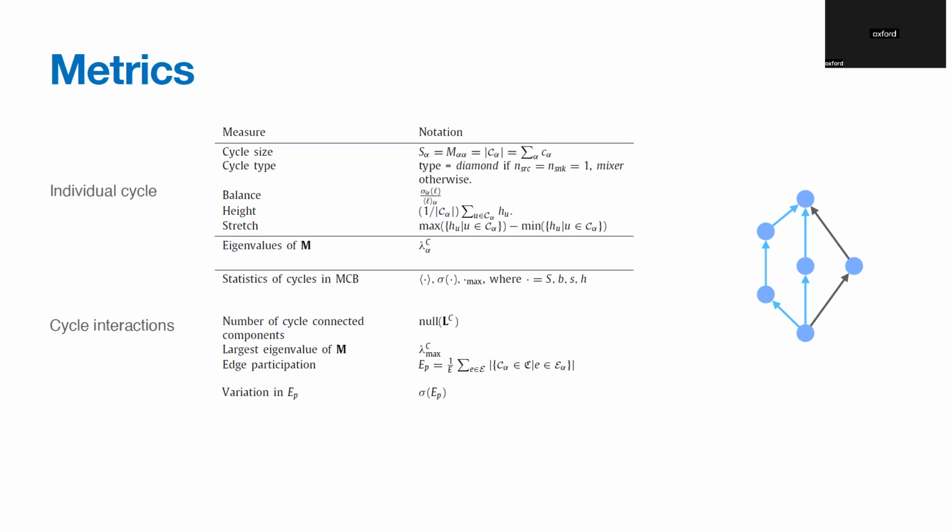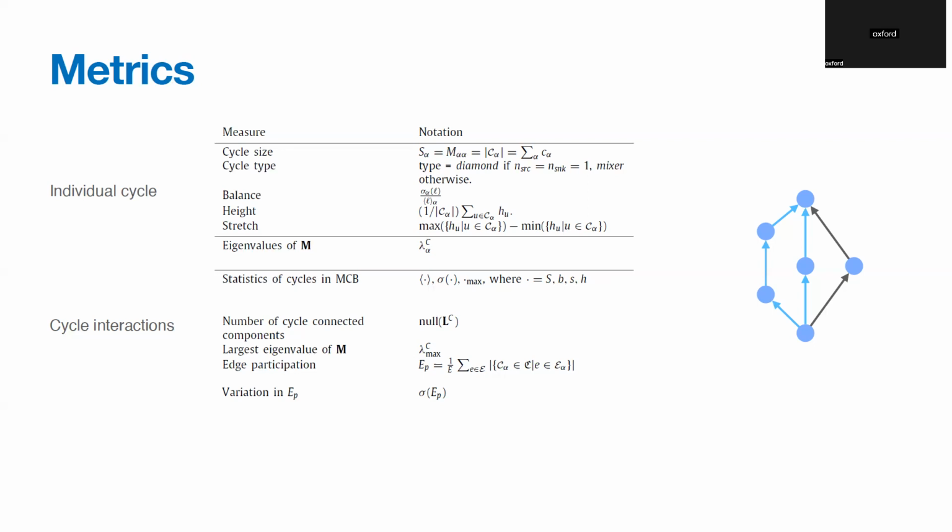And cycle size and type, because you can have diamonds or cycles of any size, but they can also be very short. And because in DAGs you have a notion of chronological order, you have height associated with cycles, and particularly the difference between the age of the source node and the sink node. So how stretched they are in the network.